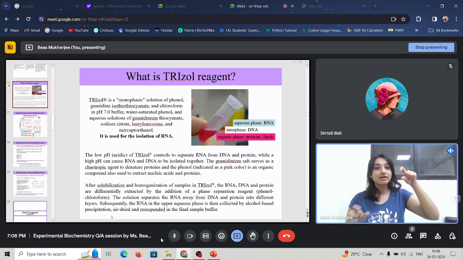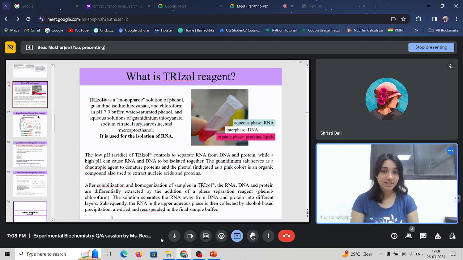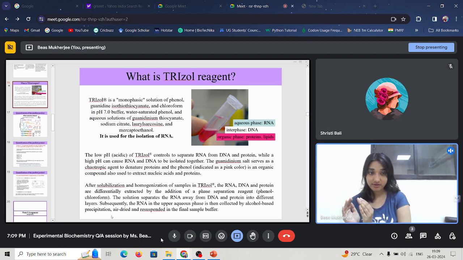If you see, there are two different phases after addition of trizol reagent. The aqueous phase is having only RNA, interphase is having DNA, and the organic phase is having protein and lipids. So the low pH or acidic pH of trizol controls to separate RNA from DNA and protein, while a high pH can cause RNA and DNA to be isolated together.